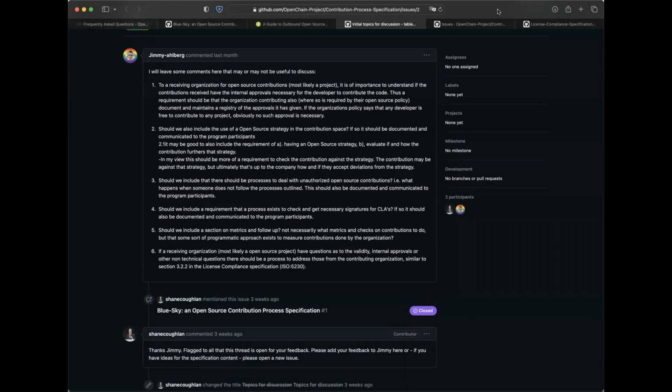Wow, thank you. So there might be another category as well, both the contribution and the seeking contributions to your project. Among the contributions, there are also different classes. You could have, for example, mere bug fixes. Should there be simpler processes for those, or do we want to provide for that in the specification?